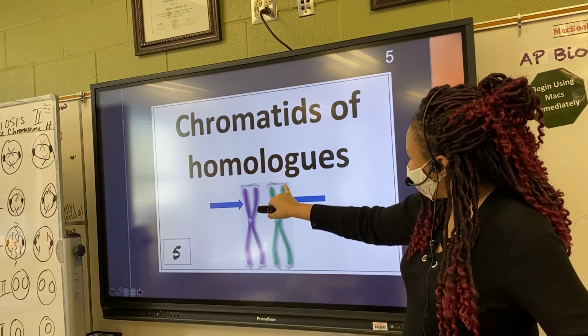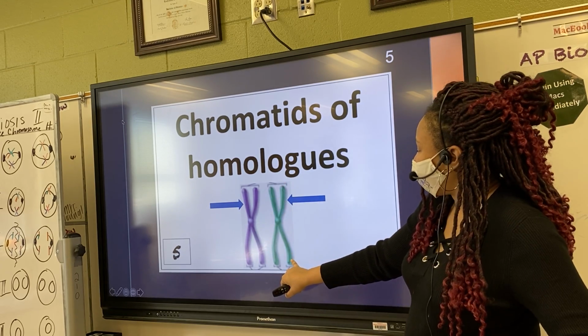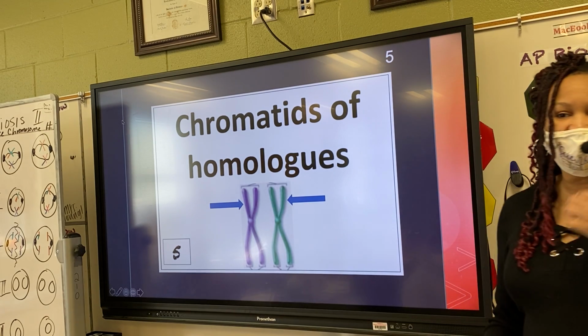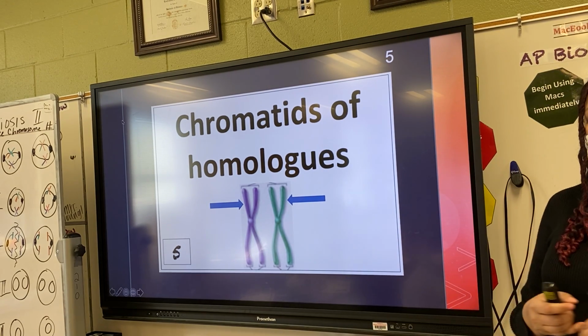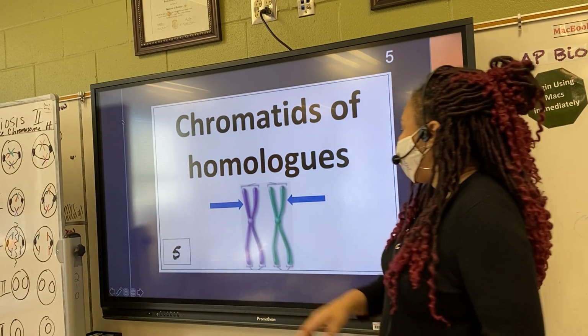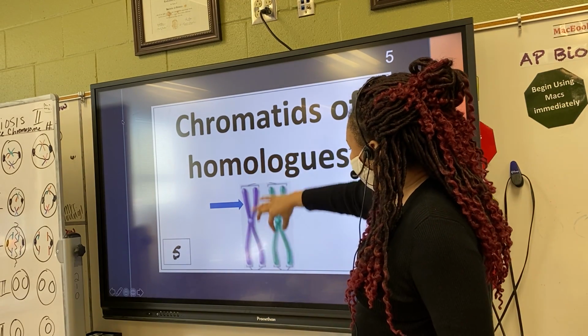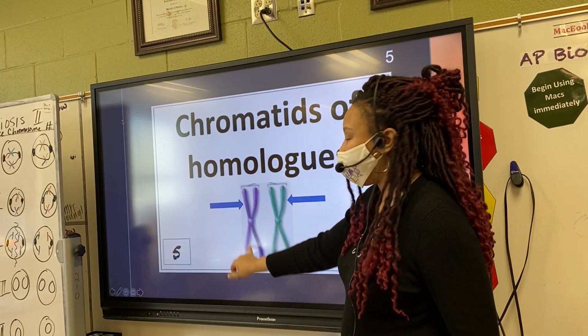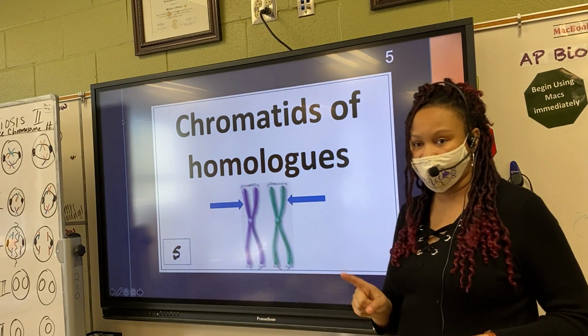So I have a chromatid on this side in this homolog and a chromatid from this side in this homolog. So what kind of chromatids are they? Are they sisters or non-sisters? Non-sisters. These two green ones are sisters to each other. But if I was to take a green one with a purple one, they are non-sisters.